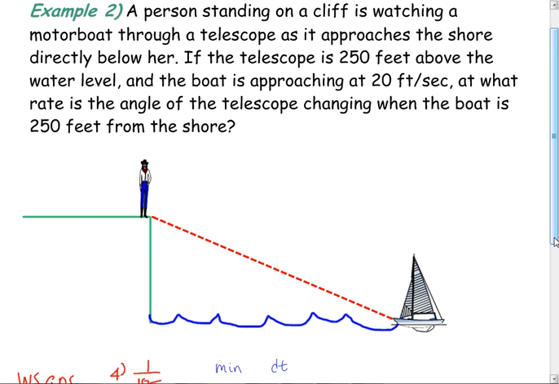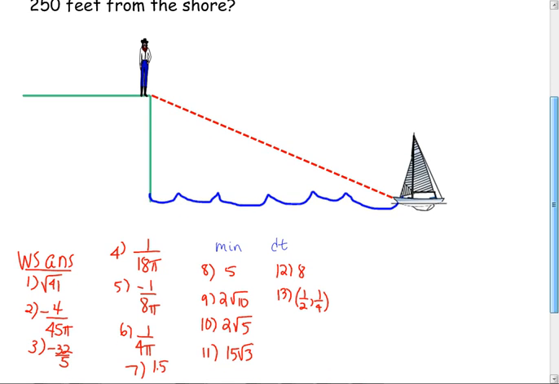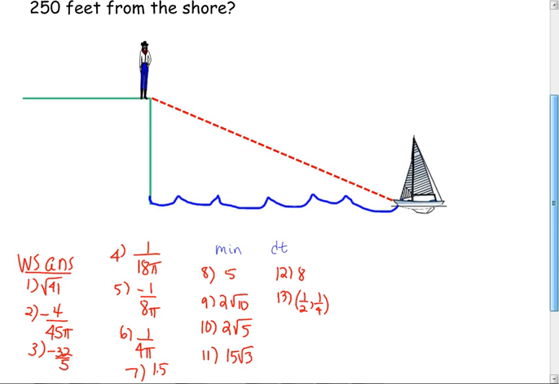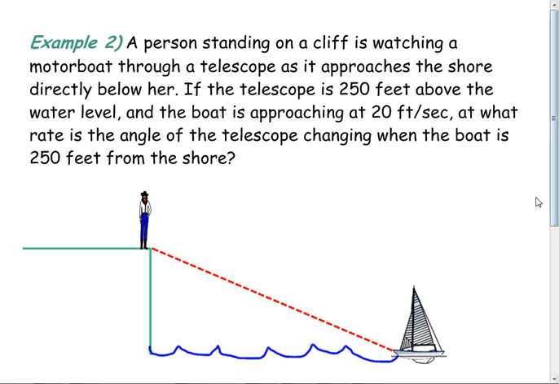Okay. By the way, there are the answers to the worksheet. And I'll read this and I'll let you work on it. A person standing on the cliff is watching a motorboat through a telescope as it approaches the shore directly below her. Him, whatever.